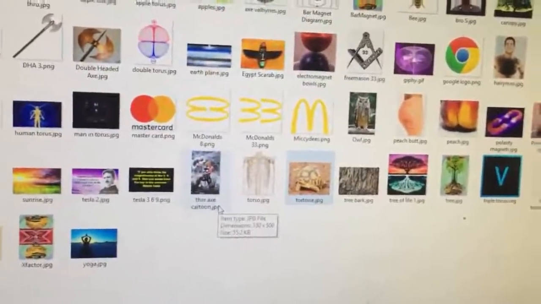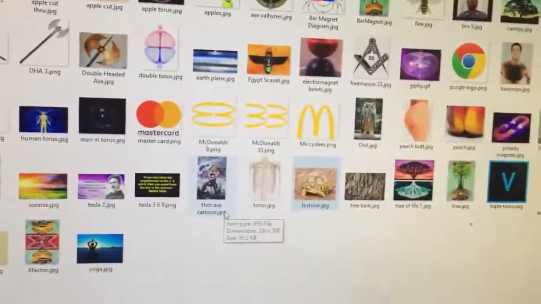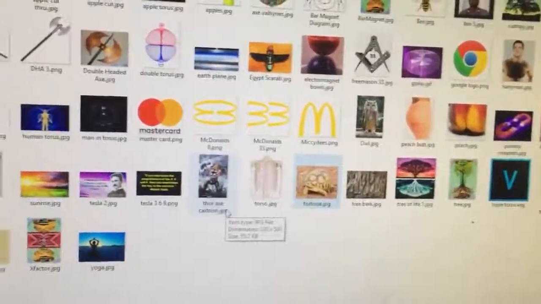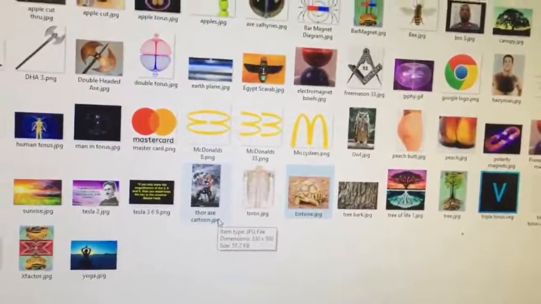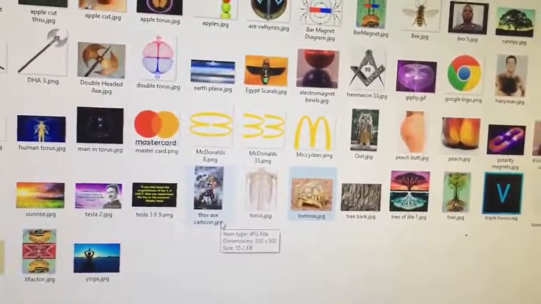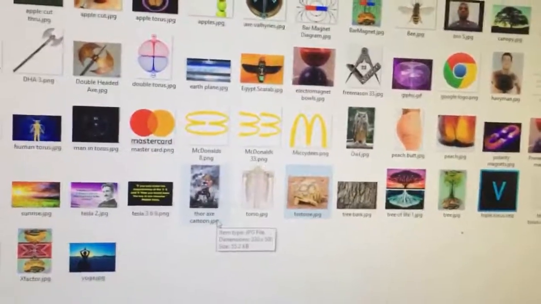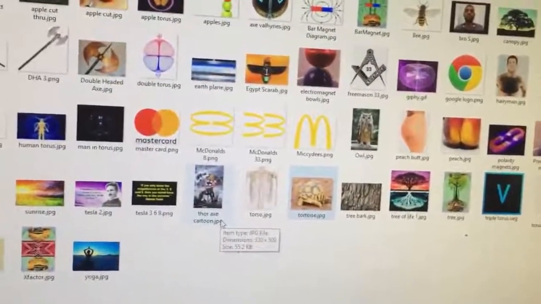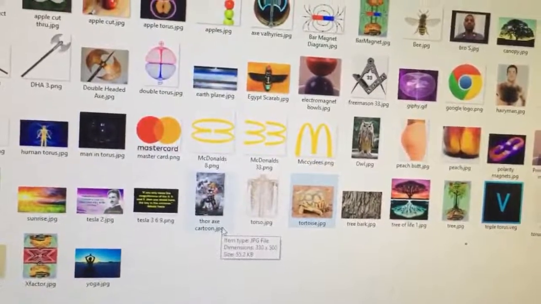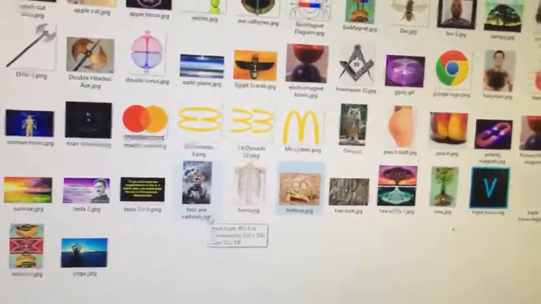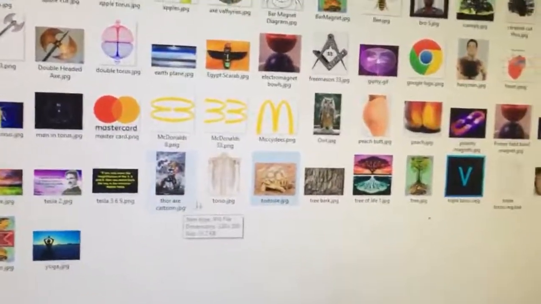And then in your torso, the trunk of the tree, the middle, because you've got the roots at the bottom in the earth, the canopy in the sky, and the bark, the trunk in the middle, is where the torso and the torus field of the human heart exists.